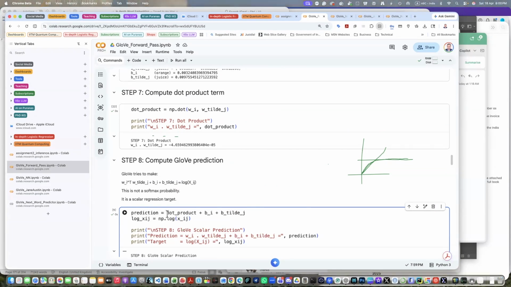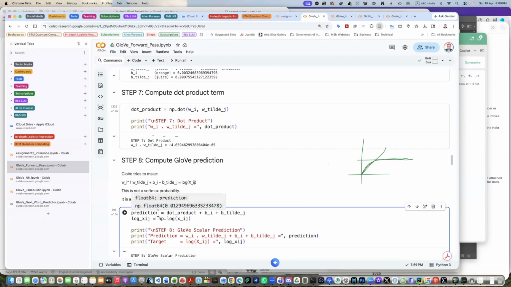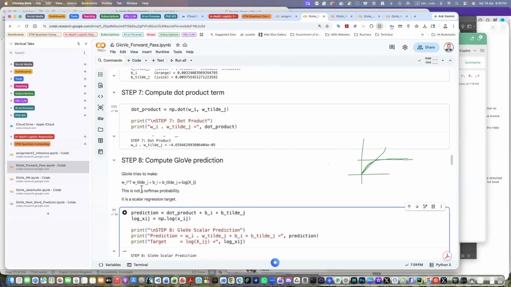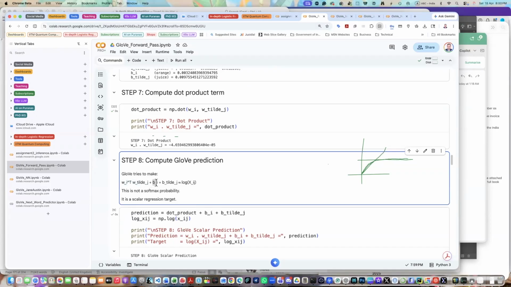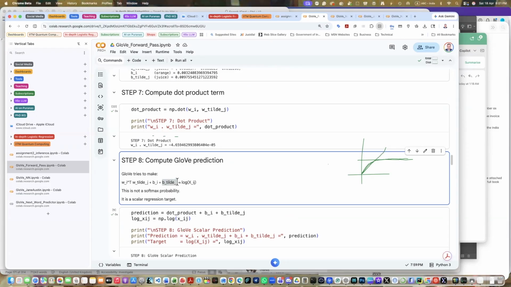Yeah. The thing is that I make a prediction. The prediction is Wi into W tilde j plus the bias terms. So this is my prediction, and I say that this prediction has to be as close as possible to the log of xij. You know what xij is?